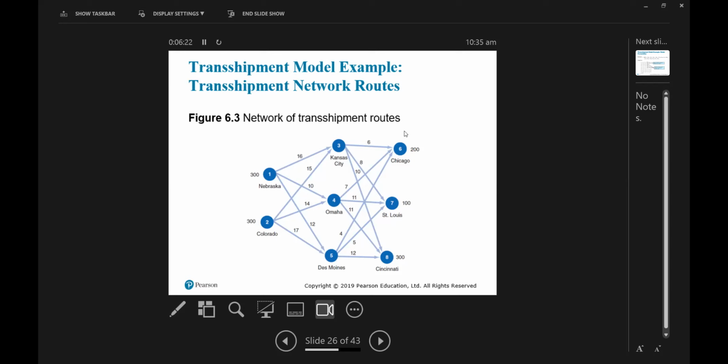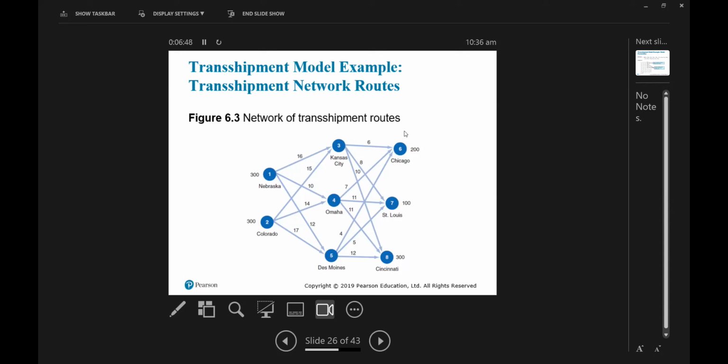What you need to note is that this is building on the previous information I gave you on the transportation model. From the other diagram, there was a situation where you can take the transport from the source direct to the destination.